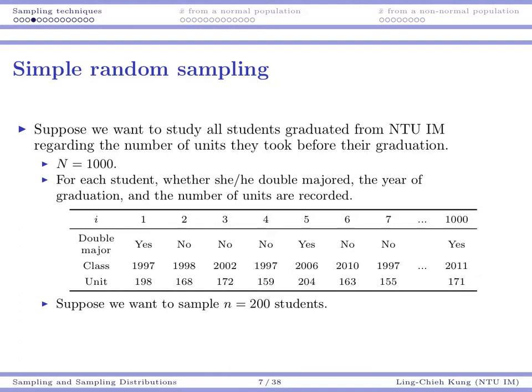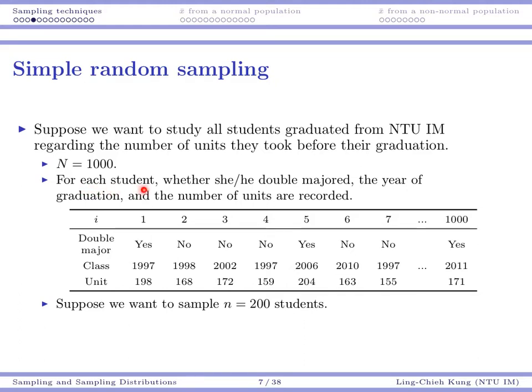So let's assume I have a list of all the graduated students, but I don't know their credits. Let's assume capital N, the number of people who graduated from my department, is simply 1,000.